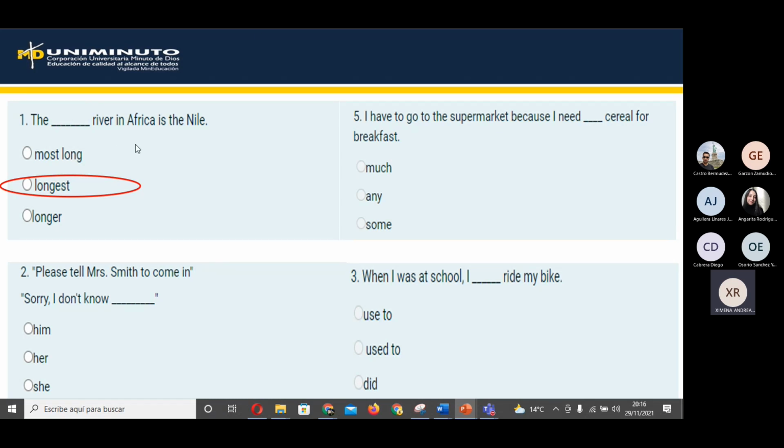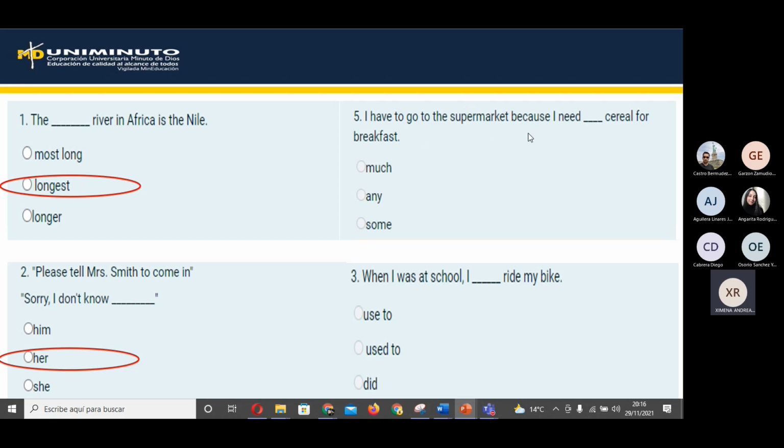Entonces, lo mismo. The longest river in Africa is the Nile. Acá tenemos un superlativo en donde nosotros debemos recordar cómo se crean esos superlativos para esos adjetivos. Por ejemplo, acá, please tell Mrs. Smith to come in. Sorry, I don't know her. Debemos saber que Mrs. Smith es una mujer y que acá debemos usar el object pronoun.